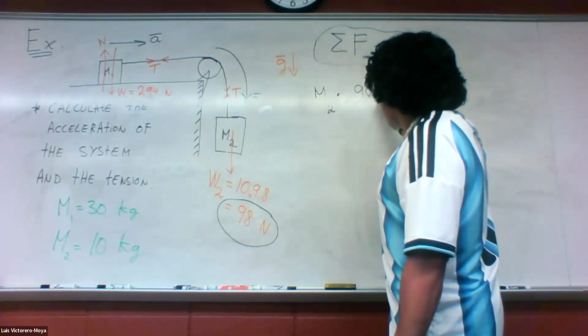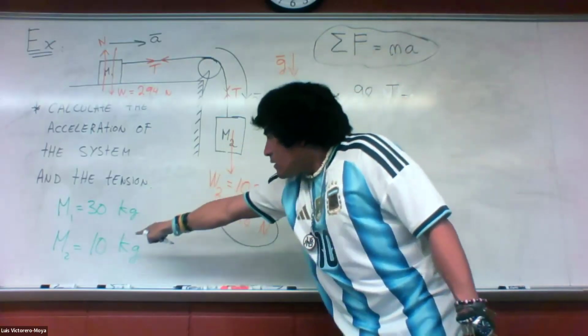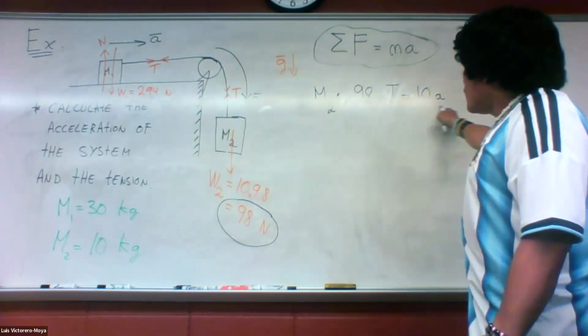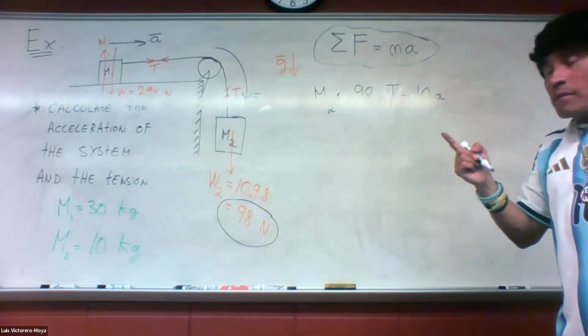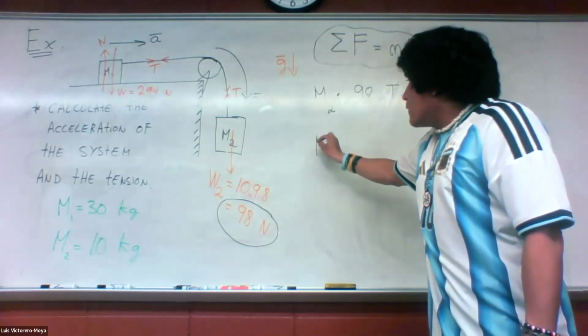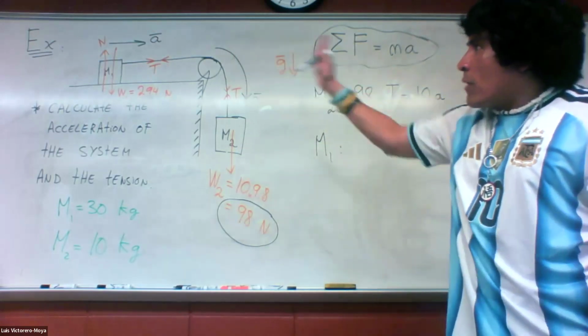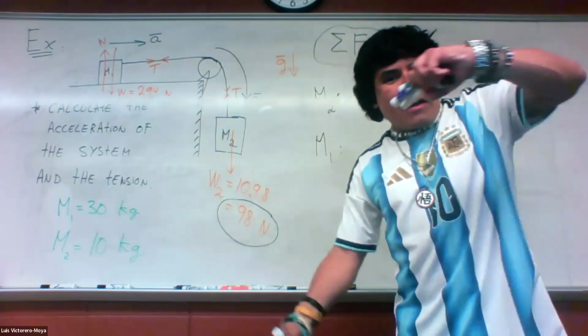So for M2, the net force is 98 minus T equals mass, 10, times acceleration. Guys, Newton's second law. For M2. For M1, why is M1 moving to the right? Because if M2 is going down, M1 is going to the right.